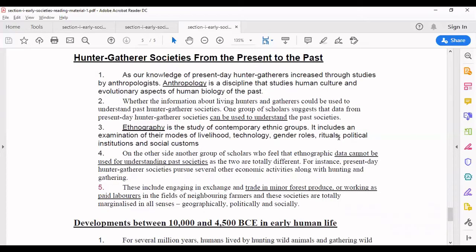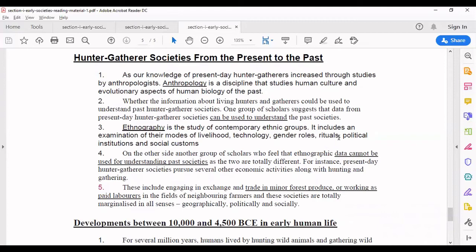Whether the information about living hunter-gatherers can be used to understand past hunter-gatherer society, there is a debate. One group of scholars suggests that the data can be used to understand the past society.